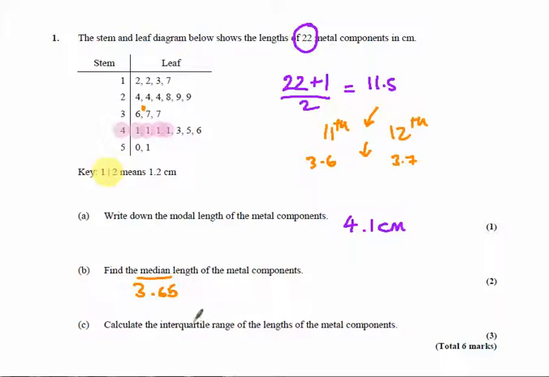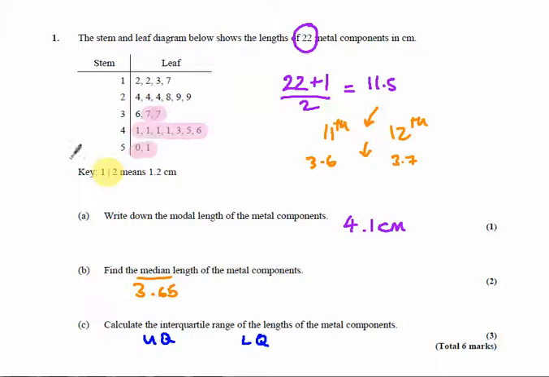Now we want to work out the interquartile range. All we need to do is find the upper quartile and the lower quartile. Because we've got 11 pieces of data now, let me erase these highlights. We've got 11 pieces of data here, 1, 2, 3, 4, 5, 6, and that's 11 there.